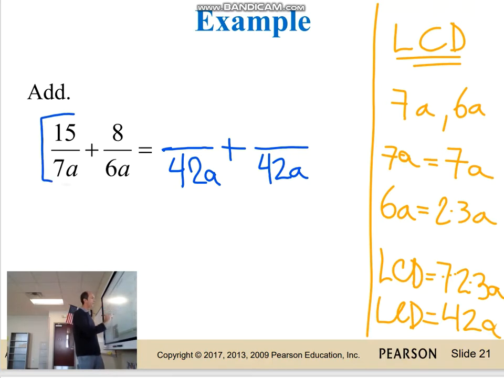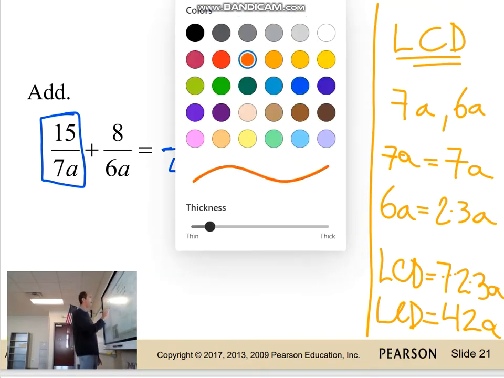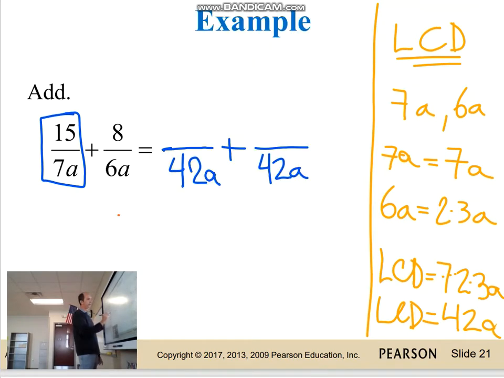For this rational expression, 15 over 7a, we need to modify the denominator to be 42a, so we need to multiply the denominator and the numerator by 6, right? Then we're going to have 42a on the bottom, and on the top we will have 6 times 15, 90.